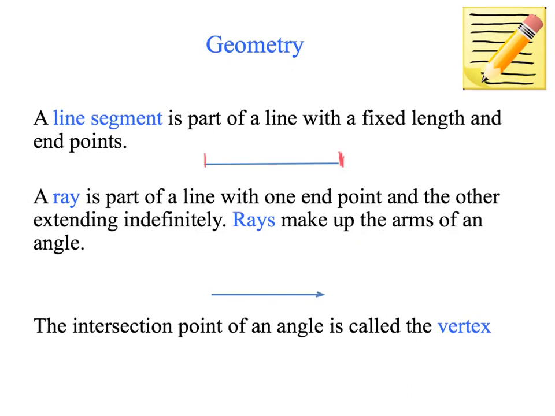I just want to talk to you a bit about labelling these line segments. If you have a line segment, you might label it AB as well. So when you're asked what that line segment will be called, it's obviously called AB.